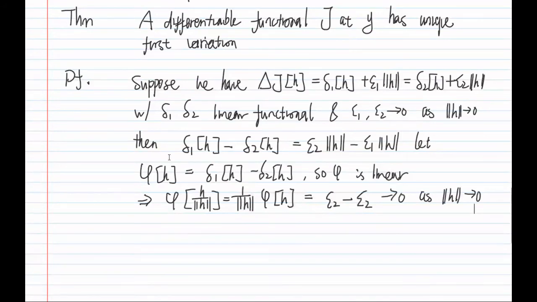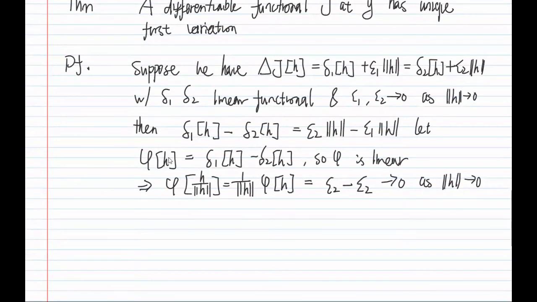Hence, we can observe that phi of h for any h would equal the norm of h times phi h divided by the norm of h. But then this would necessarily equal 0 for any h.